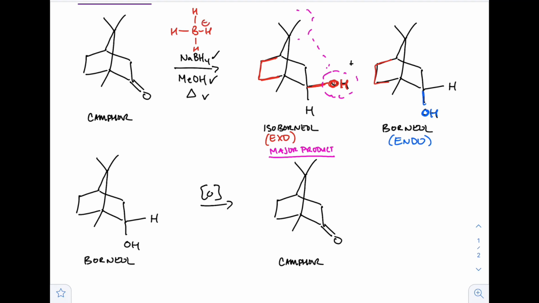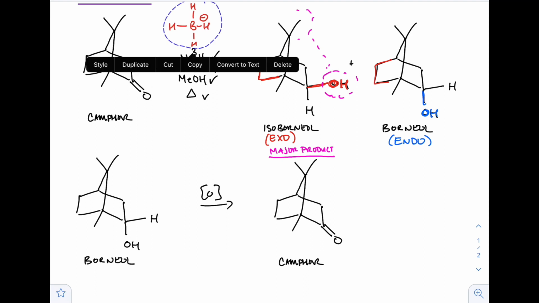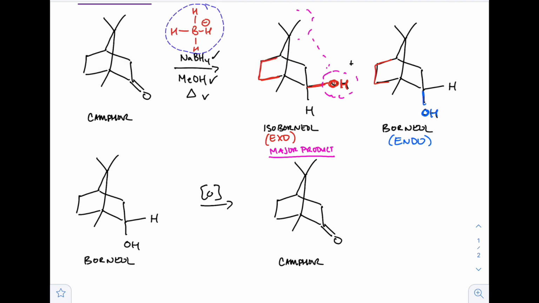But remember, this is a sodium borohydride, right? So this big guy right here is going to approach from the top or the bottom. Let me highlight him. So he can come along. Oh no, that's a bummer. Let me do this again.